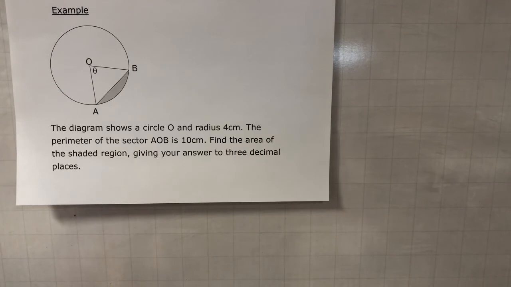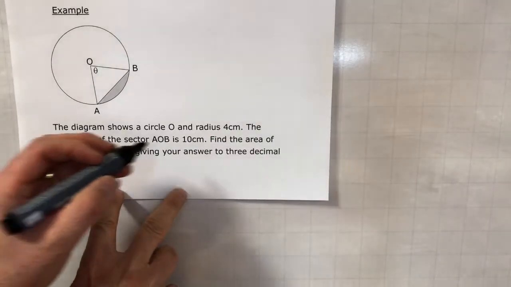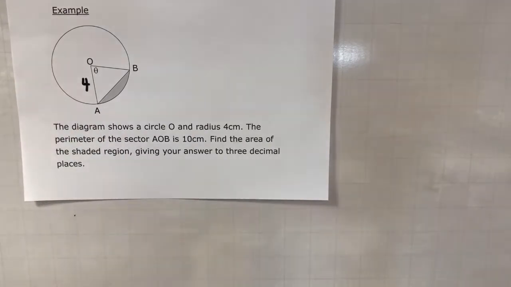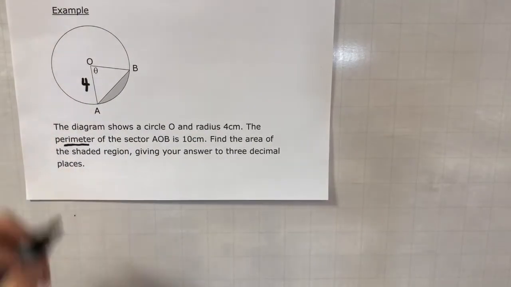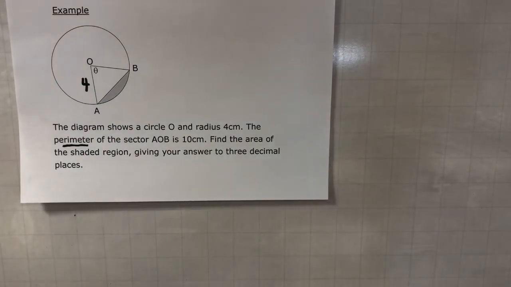So this question is taught in trigonometry for reasons of questions like this. So we've been given this diagram. We're told that the radius is 4, and we're told that the perimeter of the sector is 10.